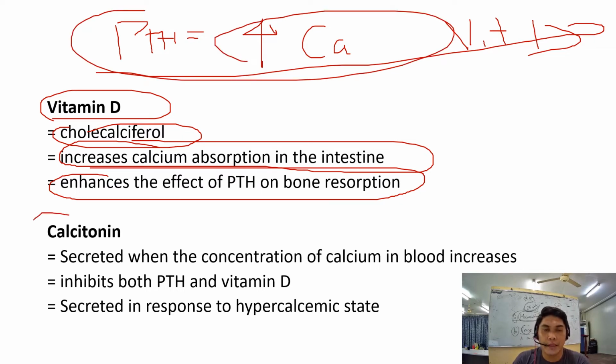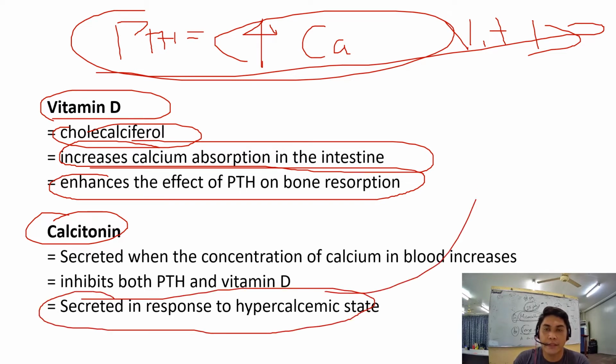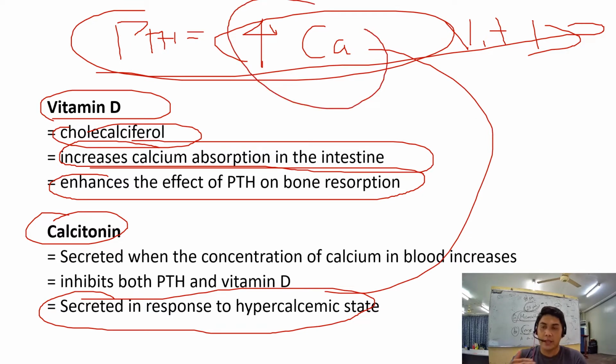Next, you have calcitonin. Calcitonin is a hypocalcemic hormone because its primary function is to decrease the concentration of calcium. It is secreted in response to a hypercalcemic state. If there is an excessive amount of calcium, your body will produce more calcitonin to normalize the calcium concentration in your blood.